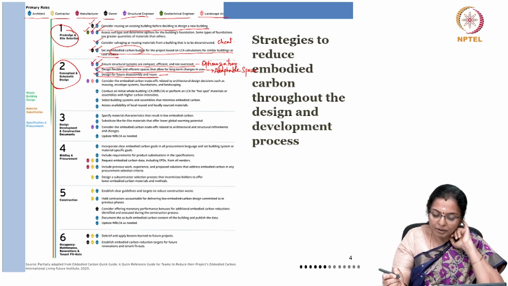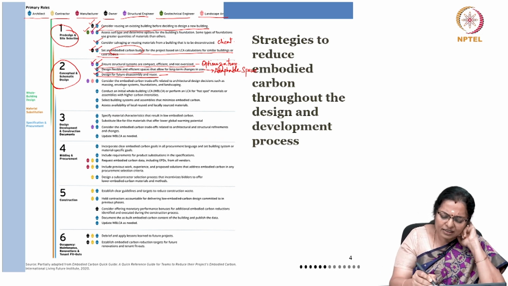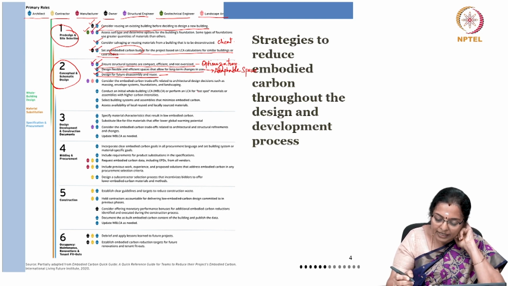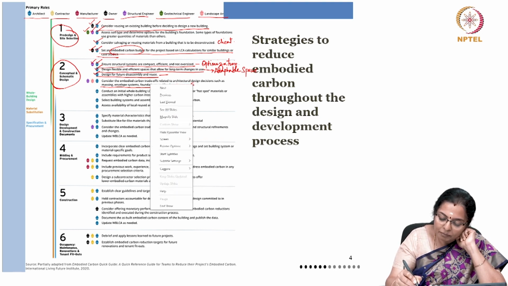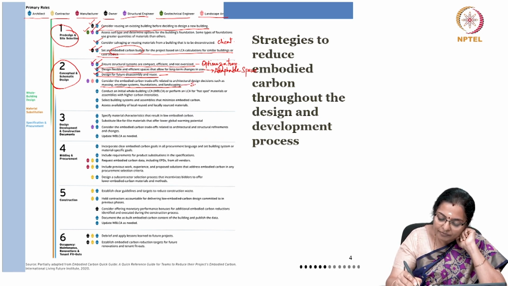Consider the embodied carbon trade-offs related to architectural design decisions such as massing, envelope system, foundations, and landscaping. I call these simple passive strategies. So, who has to do that?